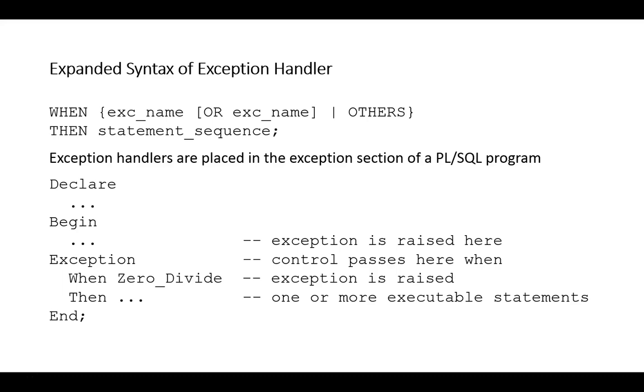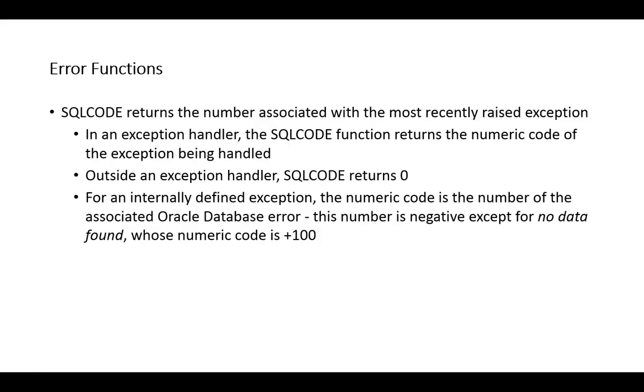There are two built-in functions, SQLCODE and SQLERRM, that allow us to extract information from the system and determine specifically the cause of the problem. SQLCODE returns the number associated with the most recently raised exception. In an exception handler, SQLCODE returns the numeric code of the exception that is currently being handled.